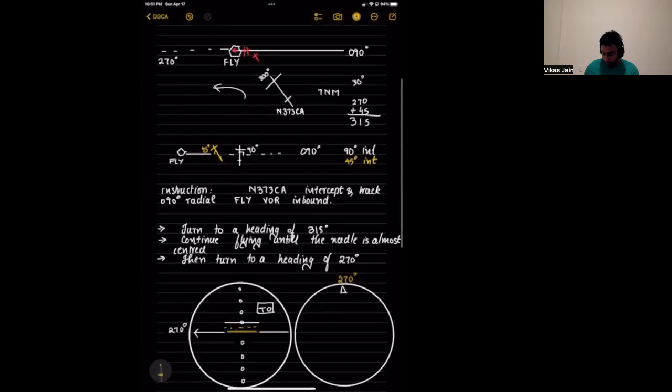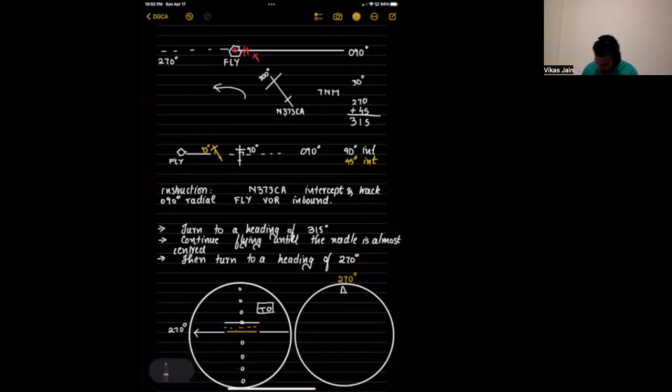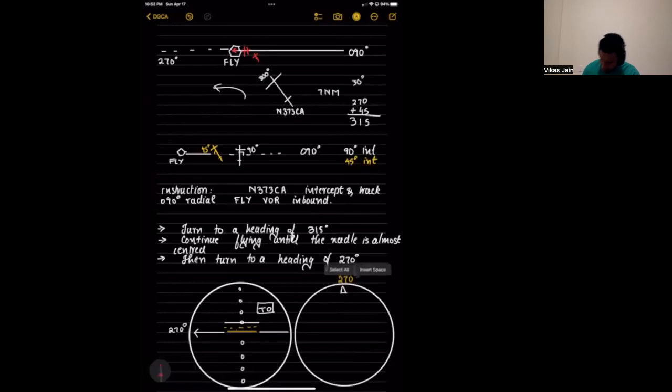And let's consider the same one. The ATC told you to track outbound for this same thing. Number 373 Charlie Alpha, intercept and track 090 radial, fly VOR, outbound. Right.